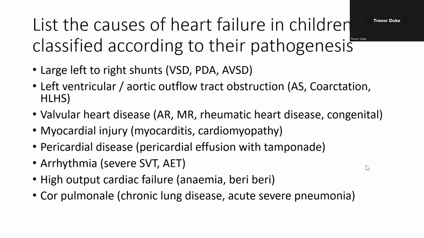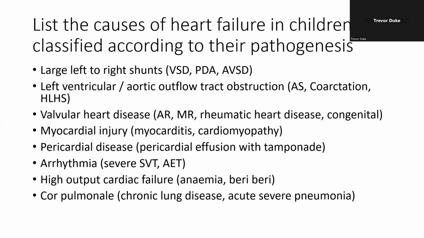So I think the point of this is that you can go through the types of heart failure in pathophysiological terms, and then you can think about the different conditions that might lead to that pathophysiology. That's what I've tried to demonstrate here.